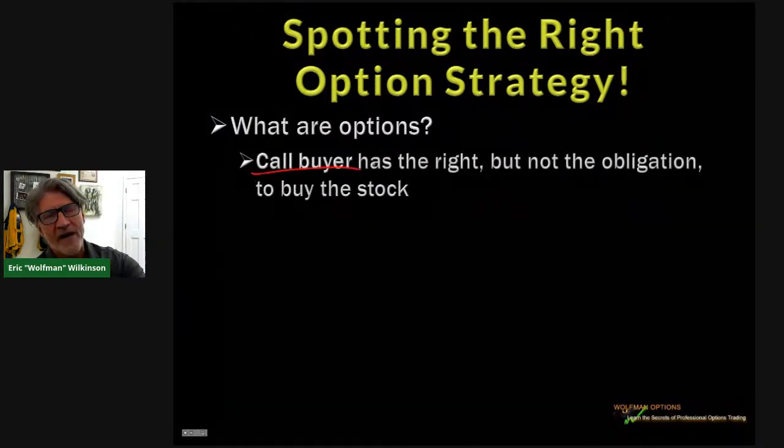And when we're talking about options, usually it's from the buyer's perspective, okay? Because the buyer is the one that really is creating this contract, right? Because they want it. So a buyer of a call has the right, but not the obligation, okay? That means he doesn't have to buy the stock.